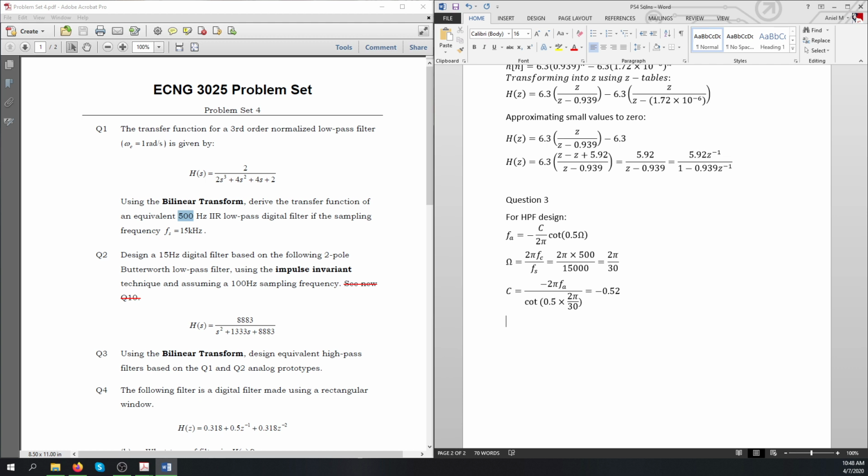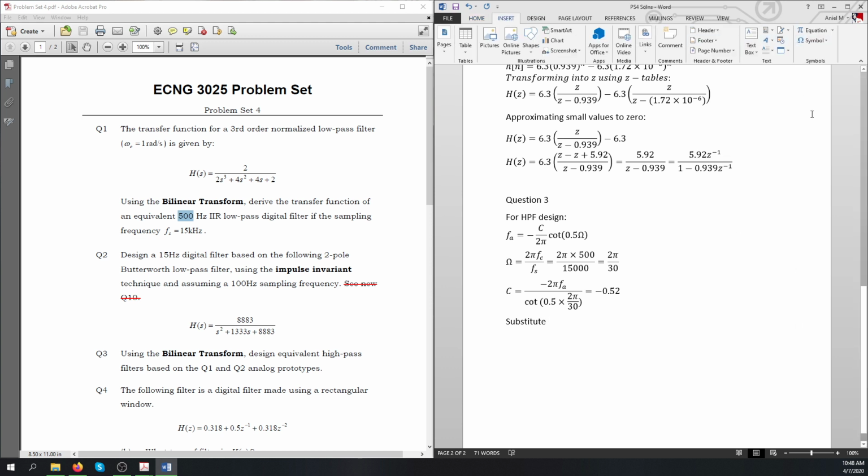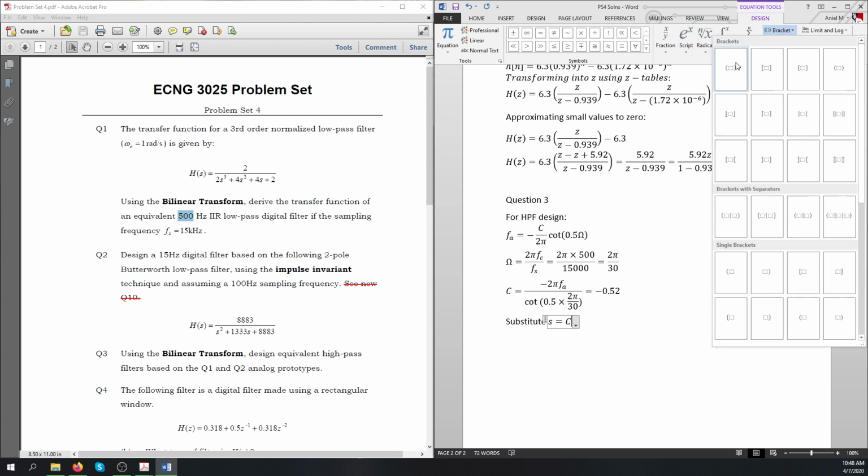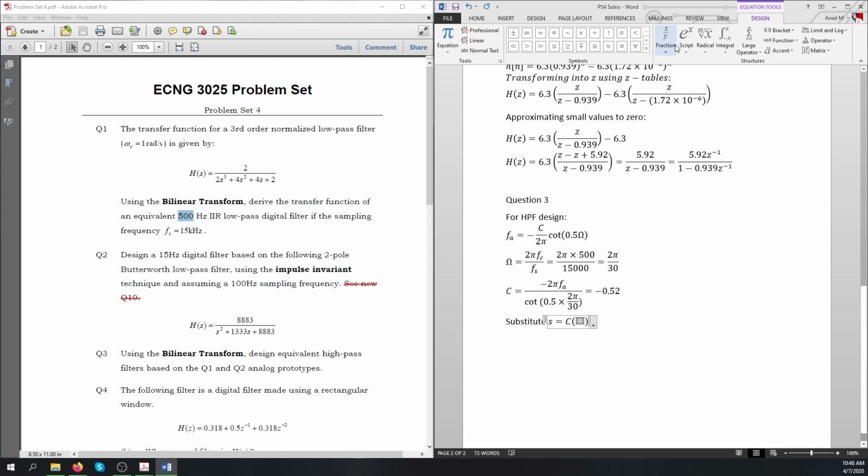The next thing to note is that the substitution for S is also going to be different for the high-pass filter design. So for a high-pass filter design, S here is going to be equal to C all multiplied by Z plus 1 divided by Z minus 1.